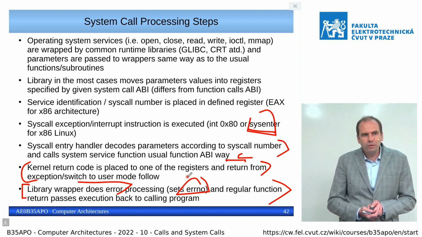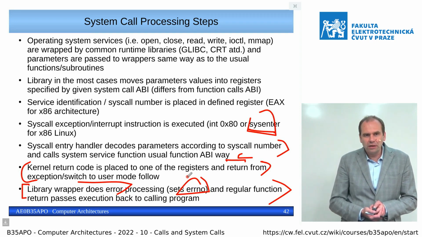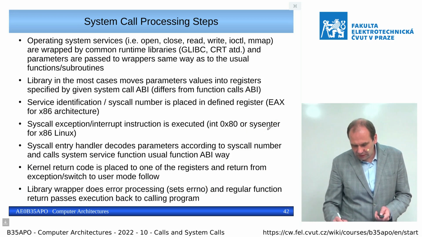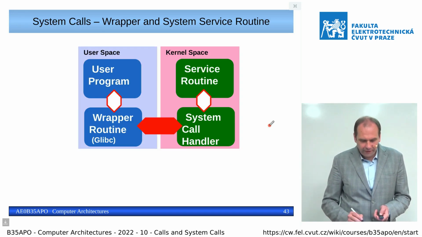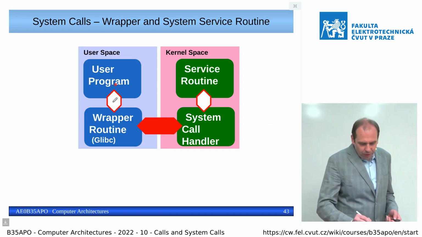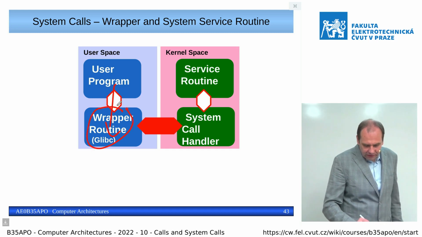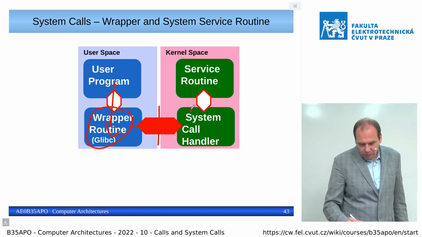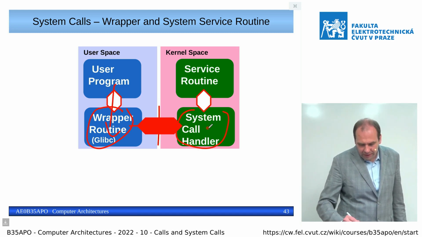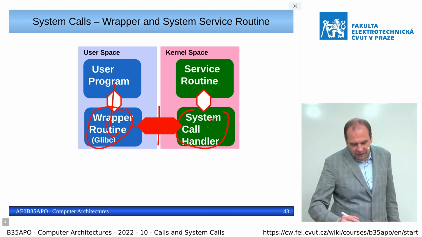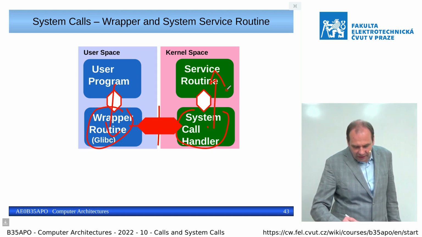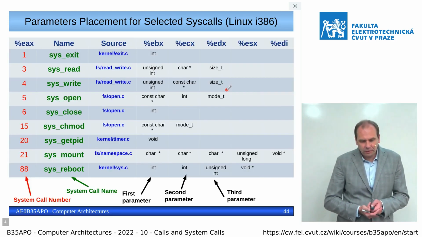Probably everybody knows that there is an errno value. You should know that it is there. So the user program calls the wrapper in glibc or the C runtime environment. It invokes the exception or syscall to the system. The syscall handler checks if it is a valid request and calls the given service routine.